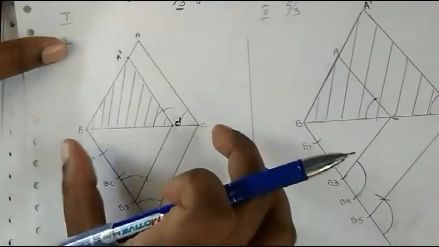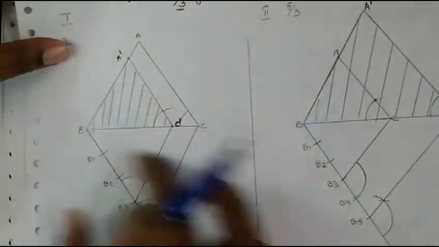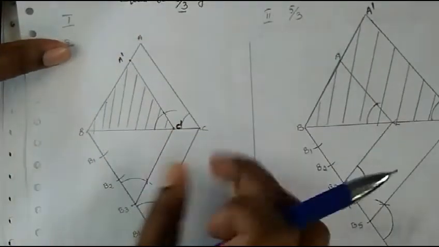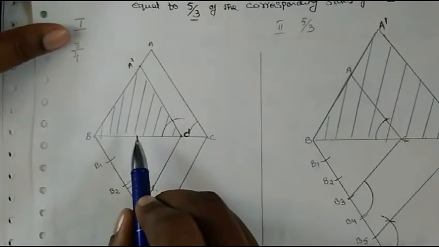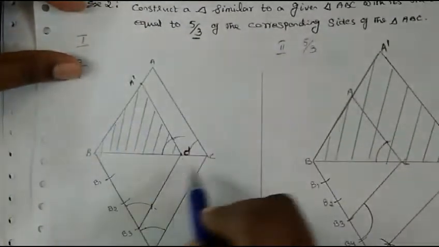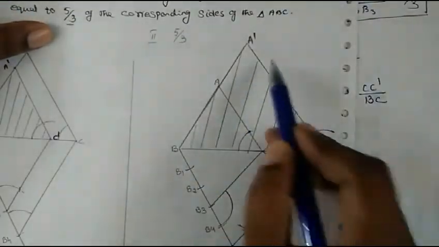Okay. BC, the first triangle, biggest triangle, and then small triangle. So here one twist. Which one we are constructing, that side we have to write first. Here we have constructed the smaller one, and here we constructed the bigger one.